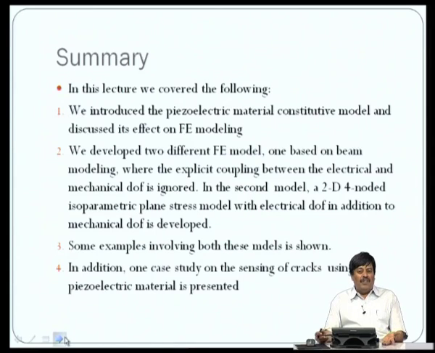We developed two different finite element models, one based on beam modeling, where the explicit coupling between the electrical and mechanical degrees of freedom was ignored. So, we reduced the problem to a statically equivalent load lumped down to the beam model, and we studied that as the actuation problem.